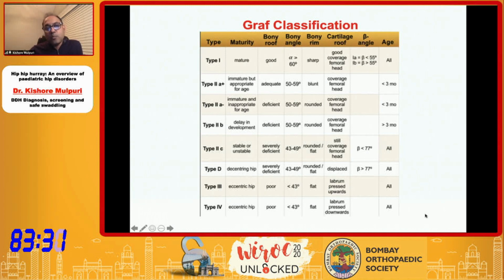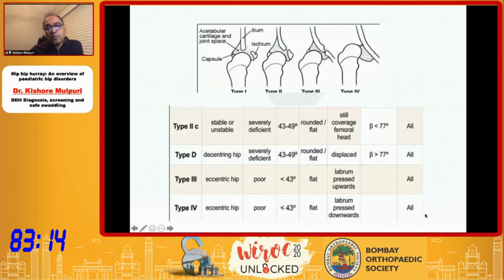You can go from type 1 all the way up to type 4. Type 2 is, again, subdivided based on what degree of bony roof, bony angle, bony rim, and cartilage roof you're actually looking at. And what we deal with is type 2C or D, and 3 and 4, which are really issues that we often have to treat and pay attention to. The rest of them can be a mild dysplasia, often a lot of people watch.